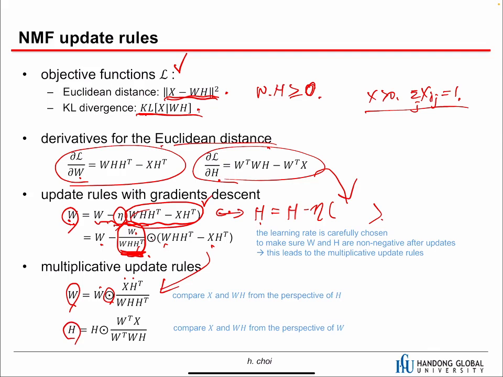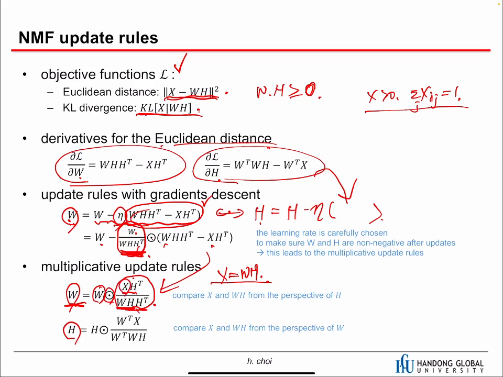Let's focus on this equation a little bit more. Each element of W has a different kind of ratio, so we multiply different numbers to this W. In this equation, X is projected to H and WH is projected to H. Again, the equation is something like this, and then we check the ratio.